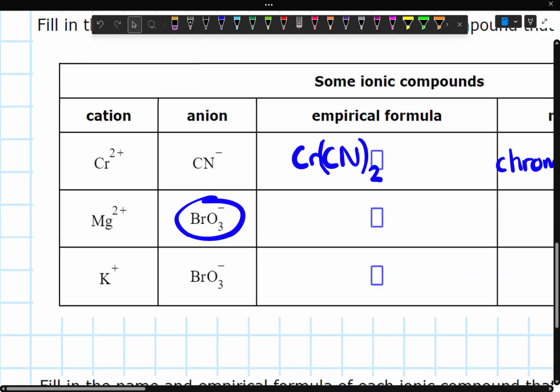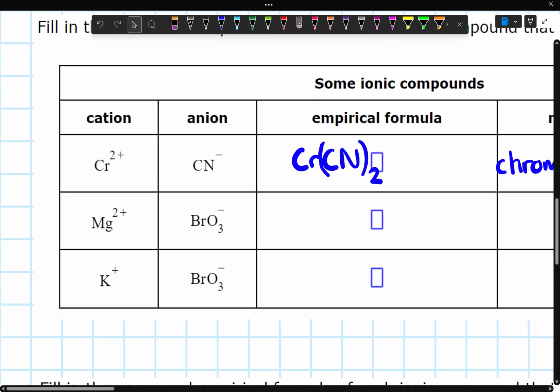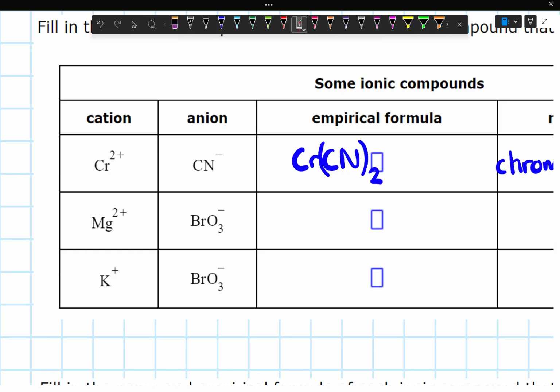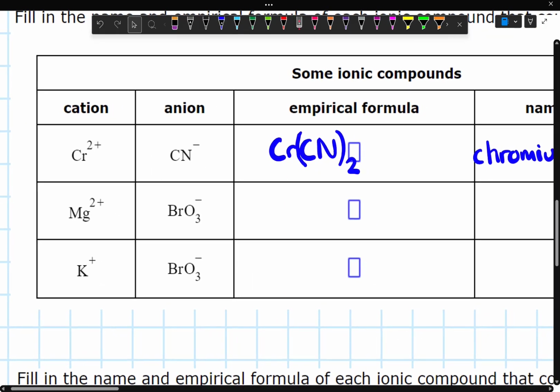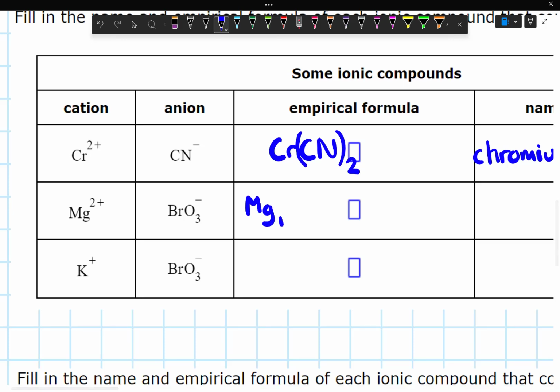So as we did before, we're just going to bring the charge up here and bring it down where there'll be a 1, and we bring the charge here and bring it down and there'll be a 2. So if you do that, we just get a 1 here for magnesium, so we don't need to write the 1. And then we get 2 of the bromate ions.